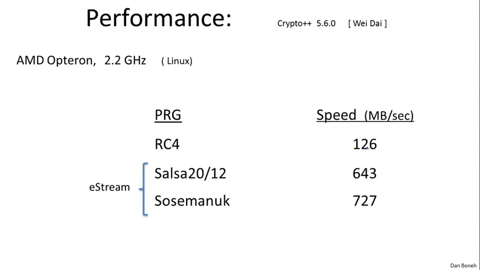It only does byte operations, so there are a lot of wasted cycles. But the eStream candidates, both Salsa and another candidate called Sosemanuk, which are eStream finalists, approved by the eStream project, achieve significant rates. This is 643 megabytes per second on this architecture, more than enough for a movie.